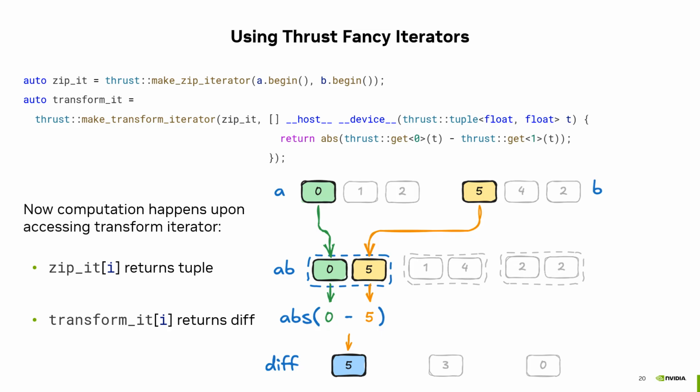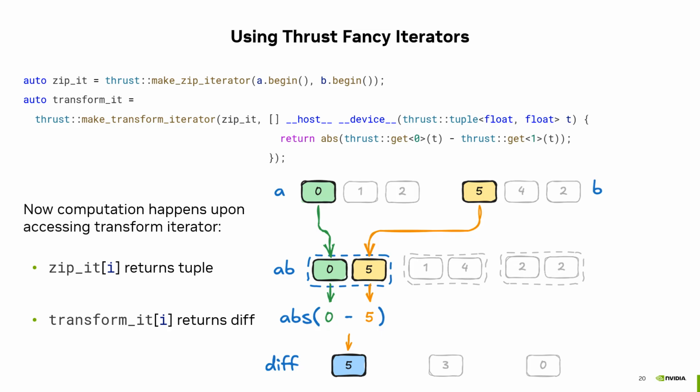As we discussed, our plan for the maximum difference problem is to combine a zip iterator with a transform iterator. In this code, we do exactly that. First, we use make zip iterator on A begin and B begin. That gives us an iterator which at each index returns a tuple of two floats, one from A and one from B. Next, we pass that zip iterator into make transform iterator, along with a lambda function.